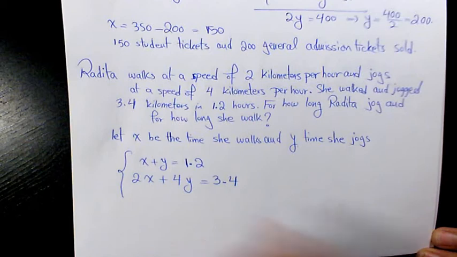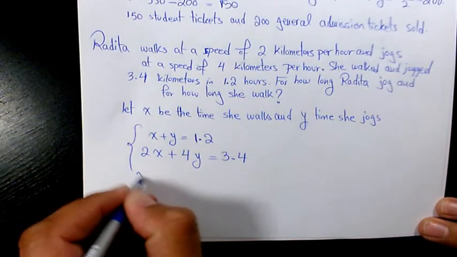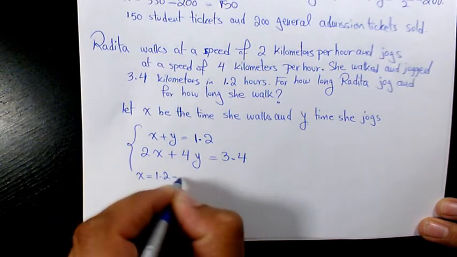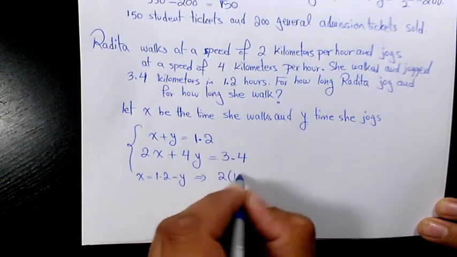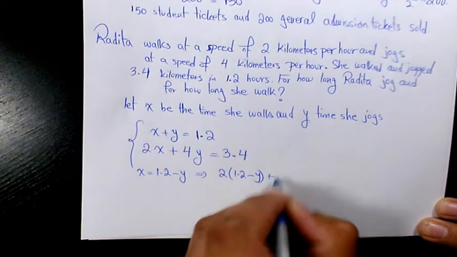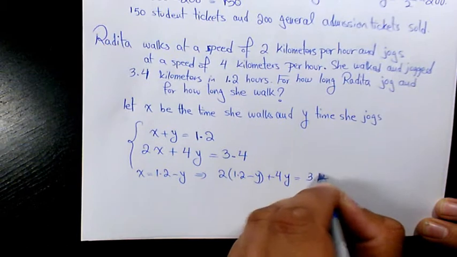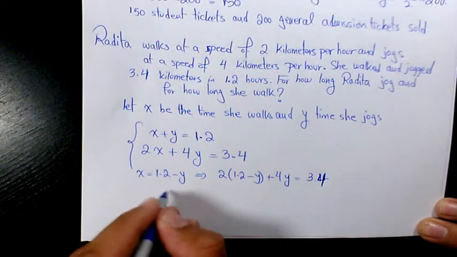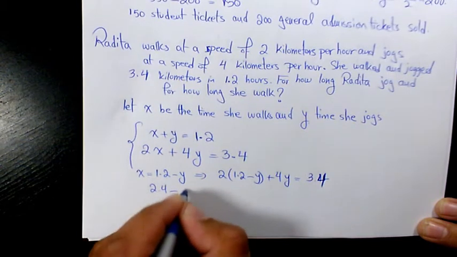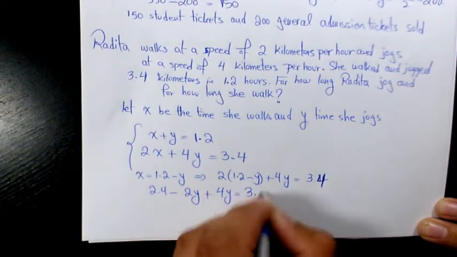Let's use substitution in this example and say x equals to 1.2 minus y. And then you sub it in the second equation. 2 times (1.2 minus y) plus 4y equals to 3.4. So 2 times 1.2 is going to be 2.4 minus 2 times y plus 4y equals to 3.4.